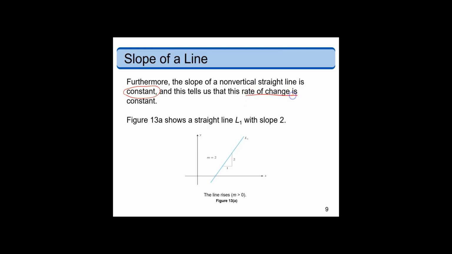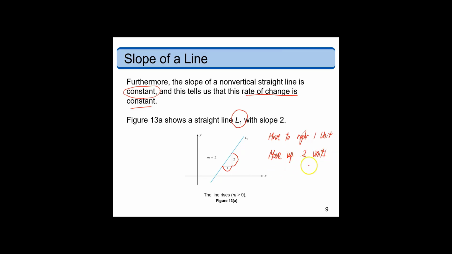So the rate of change is constant, meaning in this line, for example, line L1 here, the vertical change is 2 units. Going from this point to this point, move to the right 1 unit and move up 2 units, indicating its vertical shift.